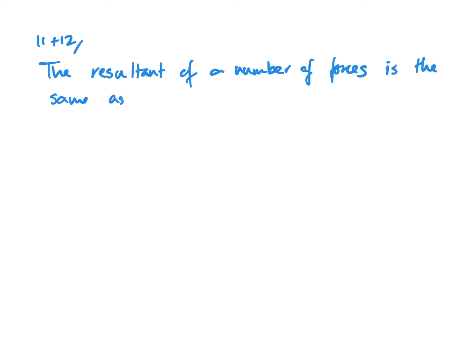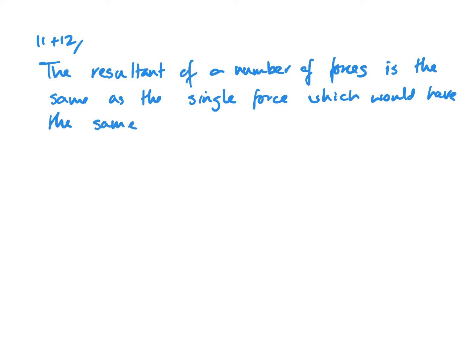So, the resultant of a number of forces, and usually we'll look at 2, but it could be more, is the same as the single force which would have the same effect. And resultant and unbalanced force both mean the same thing.